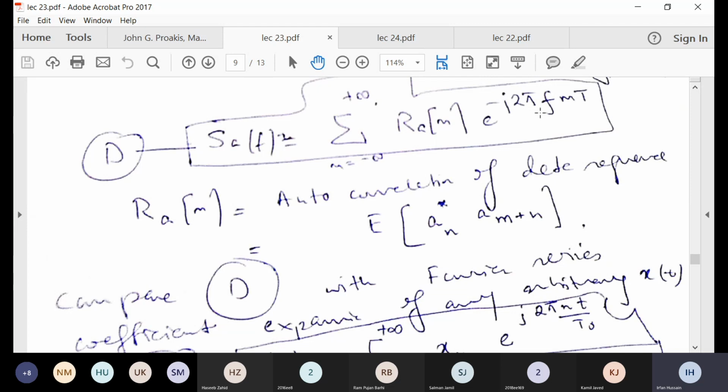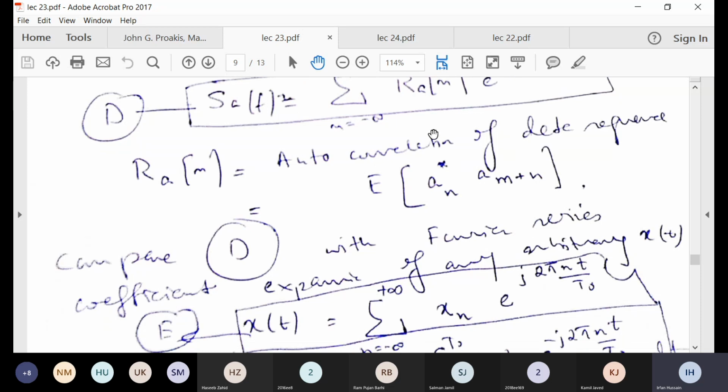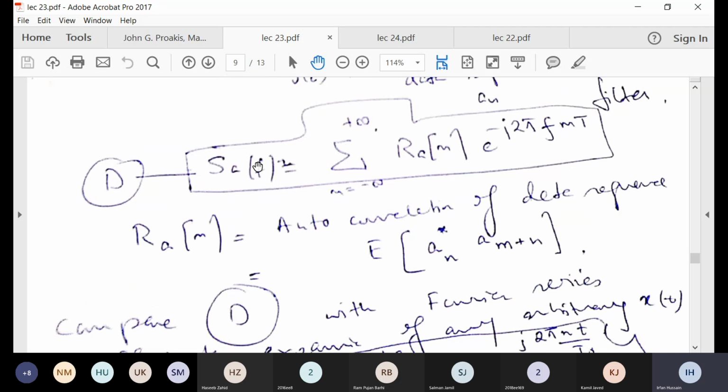So t can be replaced with respect to f, and n and m are no problem, but 1 over T naught is being replaced with T. Here it is periodic with T naught, while here it will be periodic with 1 over T, and you can replace n by minus m. Minus m replaces n here, and f is being replaced by t. Here these were representing the periodicity with respect to t. Here the periodicity is with respect to f.